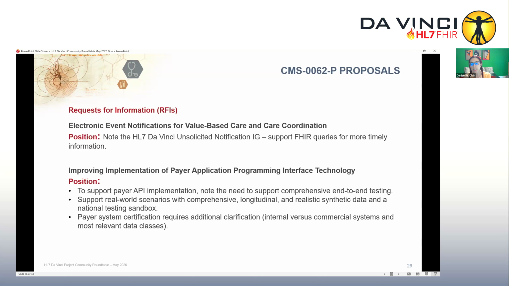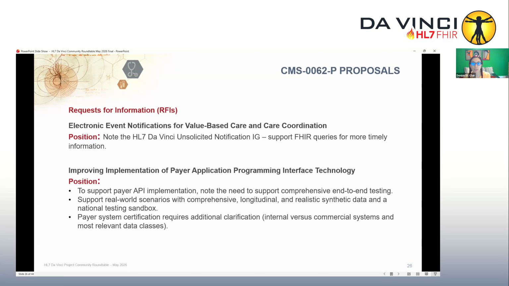And then for improving implementation of payer application programming interface technology, one of the things the RFI asks is, what are some of the things that are most needed to support success for payers leveraging APIs on FHIR? And the community agrees it is the need to support comprehensive end-to-end testing. And there are a couple of ways the Da Vinci community feels that the regulators can support that.